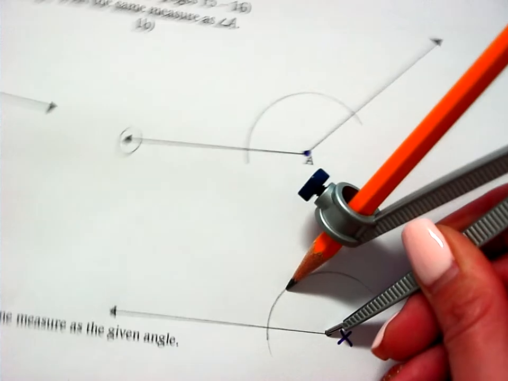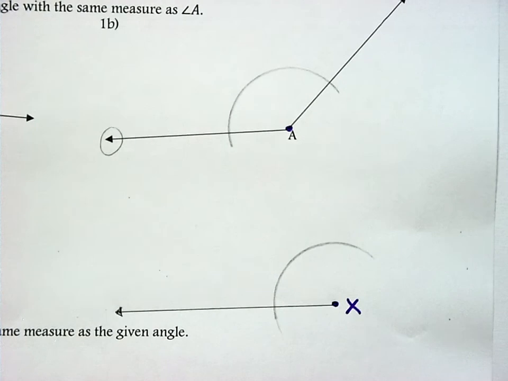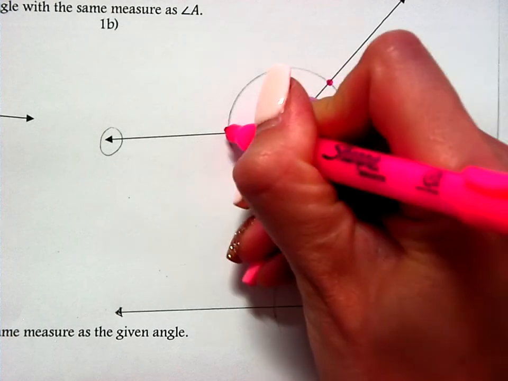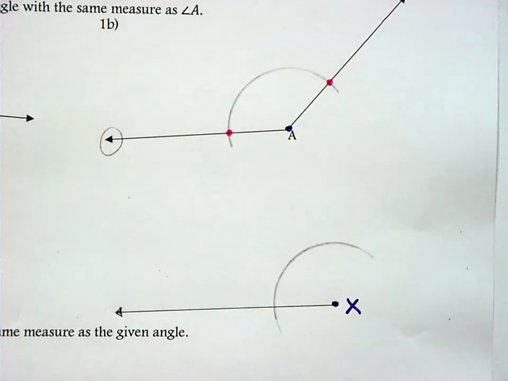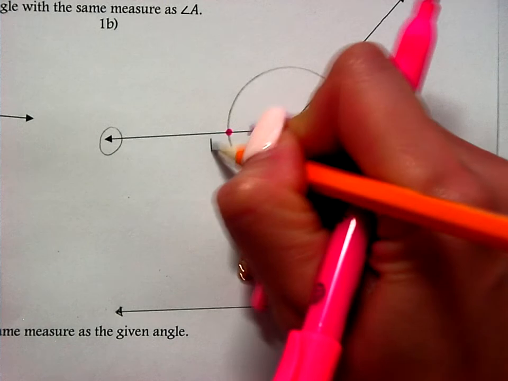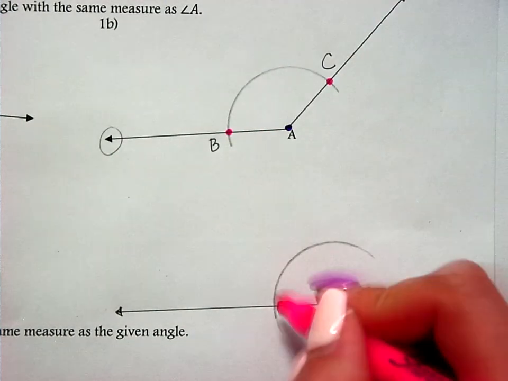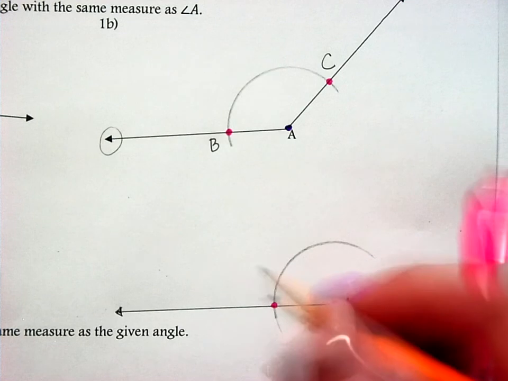Here we go. Just a couple of things we need to highlight. We can label these points of intersection as B and C, and this one right here as Y.